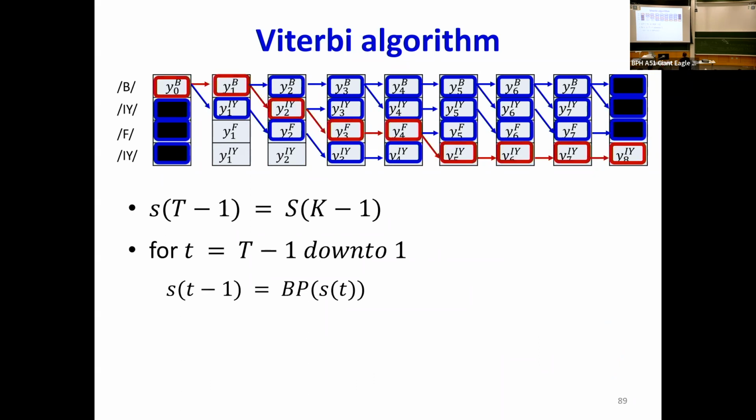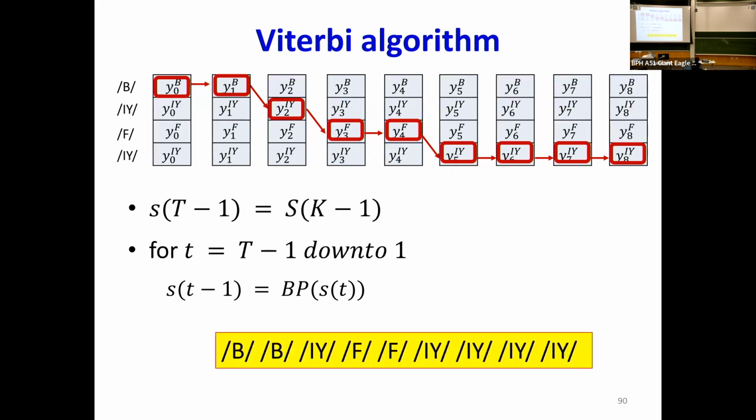If I know which symbol was in the best path at time t, I can just pick up its best parent, and that must be the symbol on the best path at time t minus 1. And I can work my way back and find the best path through the entire graph. And once I do this, I find an alignment, the most likely alignment of the symbol sequence to the input.